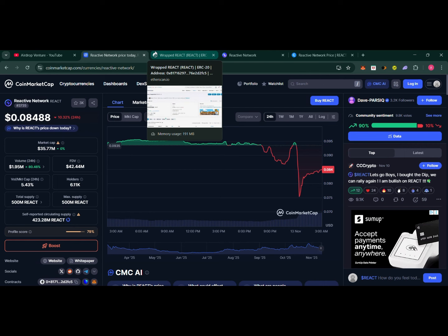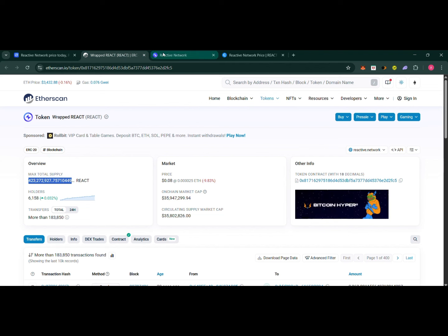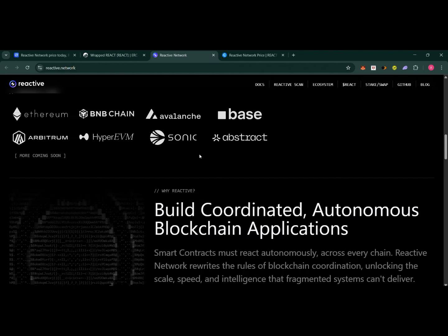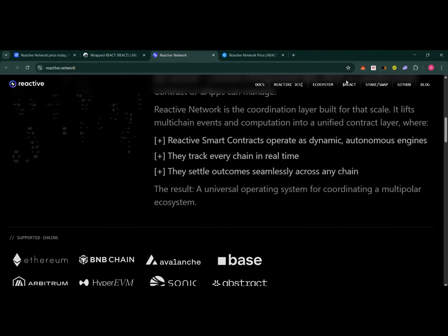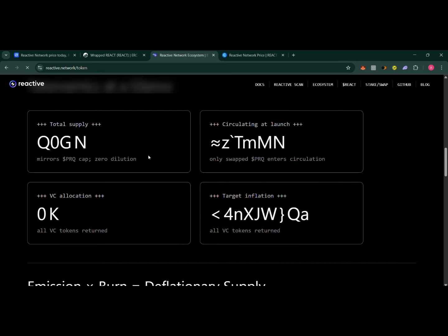Here, if I go to the website again and click on the React tab on the top, you would see the same information I shared via CoinMarketCap. Here you would see the total supply. Now here it would say circulating supply at launch. That was 310 million swapped PRQ tokens that entered circulation.